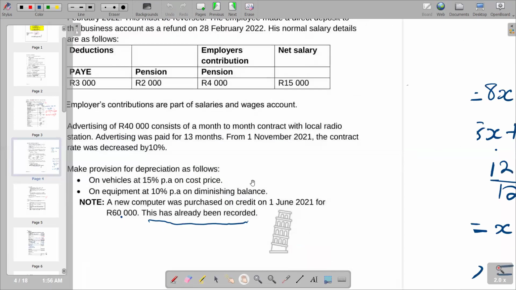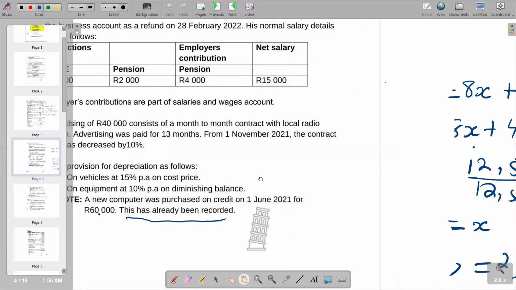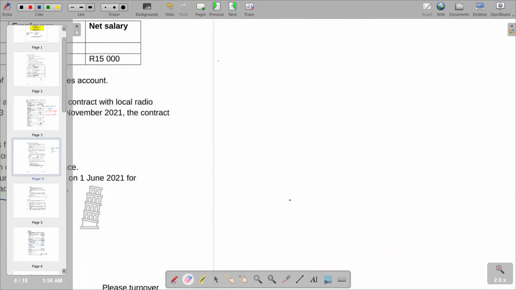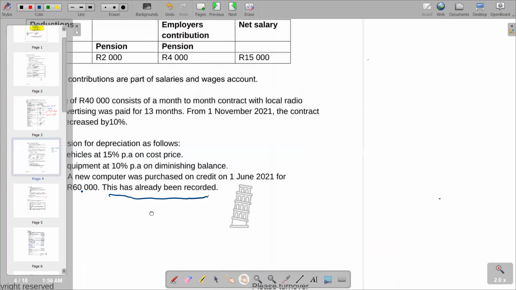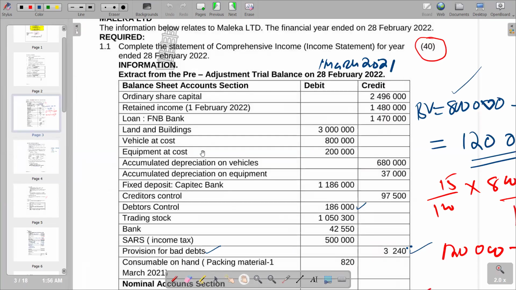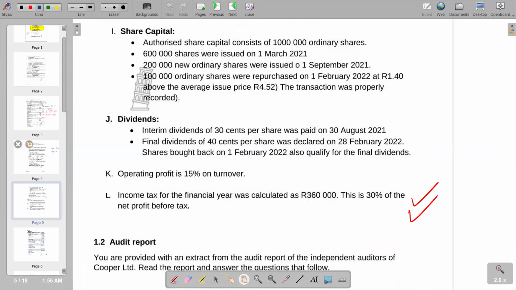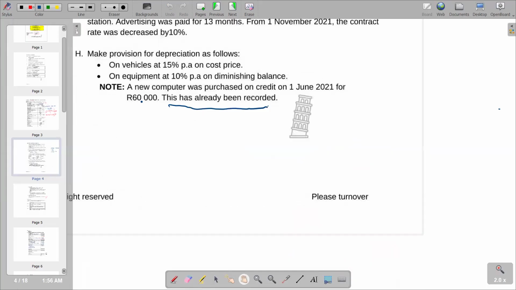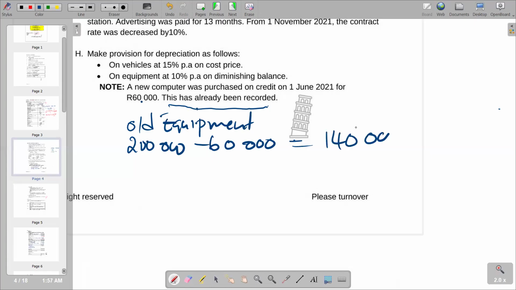So to get the cost for the list of balances, minus the value that was for additional equipment, which is 60,000. So we're going to say equipment 200,000 minus 60,000. Then you get the equipment that was there for the old year.